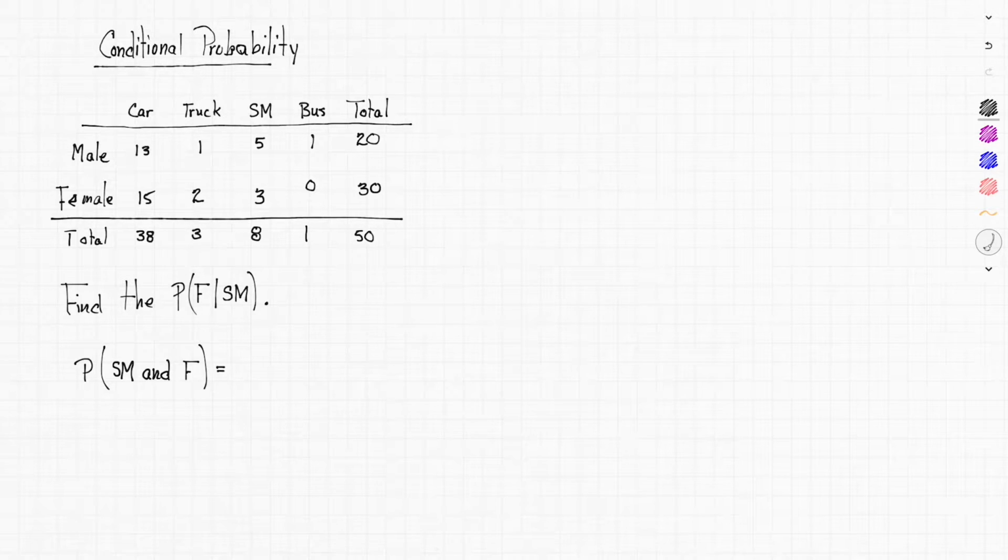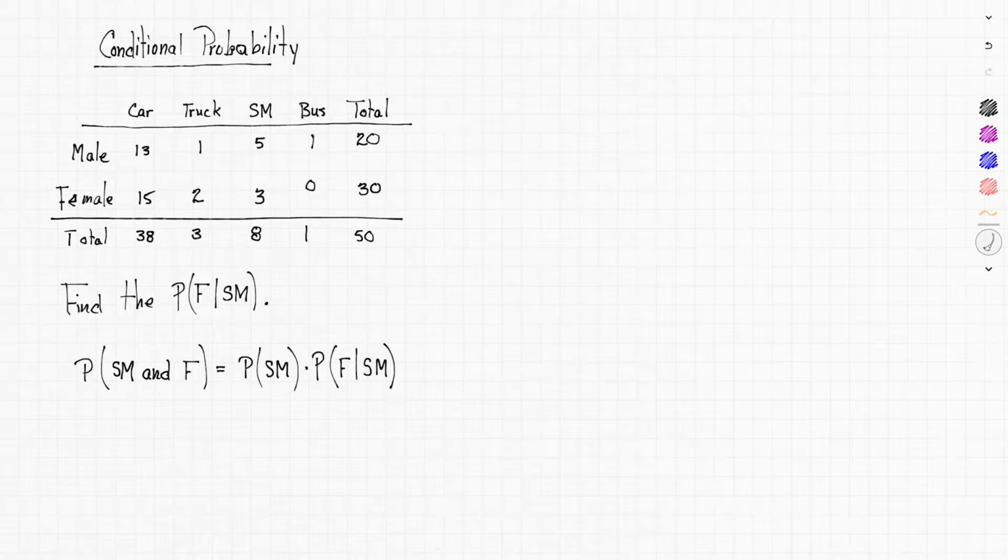So really, we're going to be selecting two people. That is equal to the probability of randomly selecting an SUV or minivan driver times the probability of selecting a female given that the first person selected was an SUV or minivan driver. Okay, so let's go through and find each one of these probabilities.